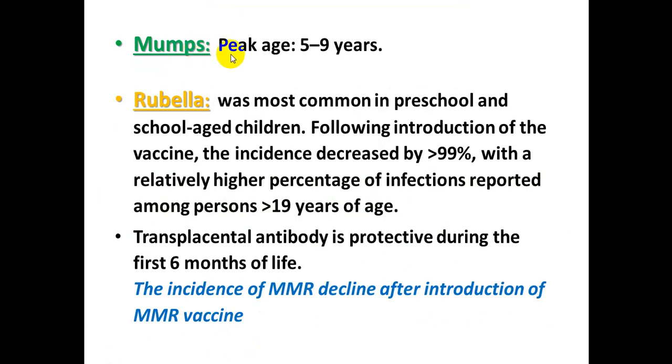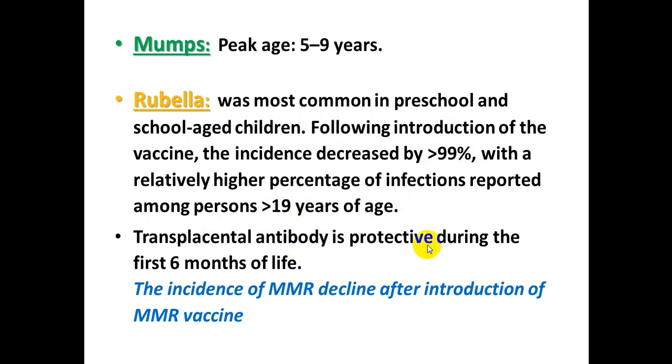Regarding mumps, the peak age of occurrence is 5 to 9 years, and rubella was most common in preschool and school age children, but after the introduction of the vaccine, the incidence of rubella decreased by more than 99%, and most cases are among those who are more than 19 years of age.